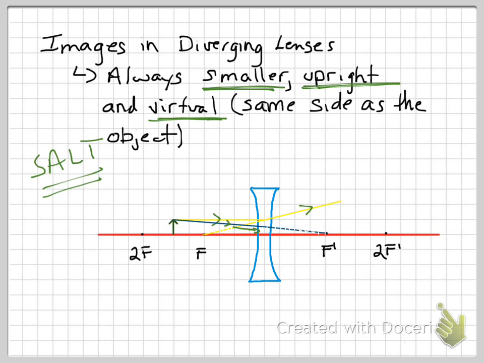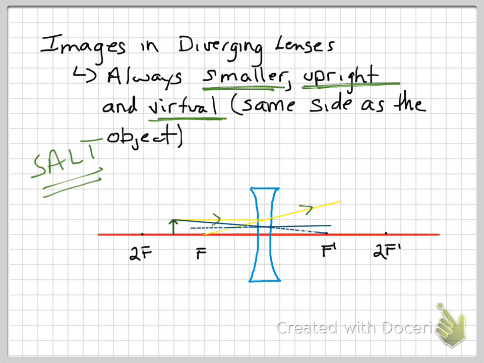That line, I'll just take these arrows away here just to clarify what's happening. So I'm going to take this line that's parallel. That line also gets extended backwards. On the object side, it is virtual, so we're going to draw dashed lines here. Where it intersects, right here, is where I'm going to draw my image.